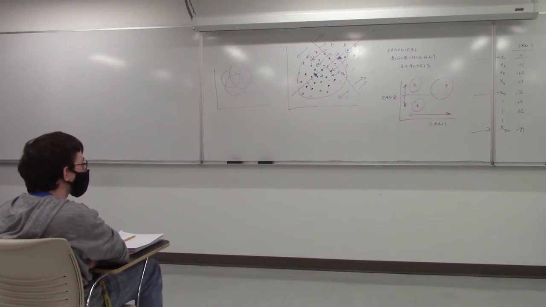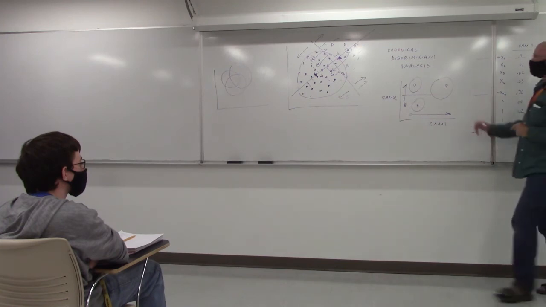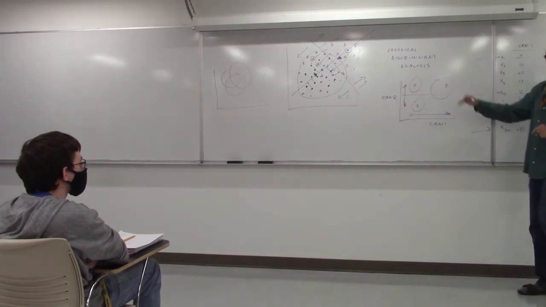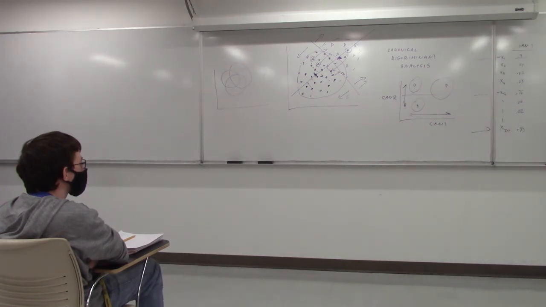In a canonical discriminant analysis, they are not necessarily orthogonal, but they are going to be fundamentally different. The first one is going to be associated with the bulk of the variance in the data. The second one will be associated with less. The first one is almost invariably significant. The second one, perhaps not.